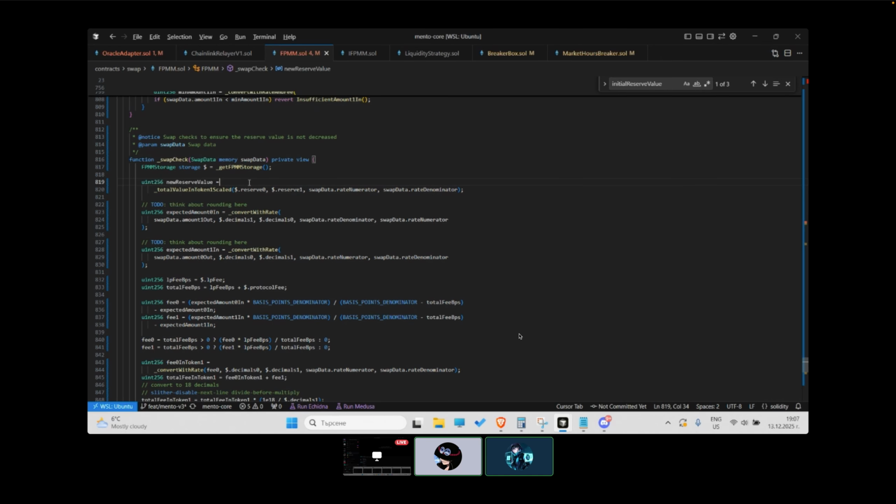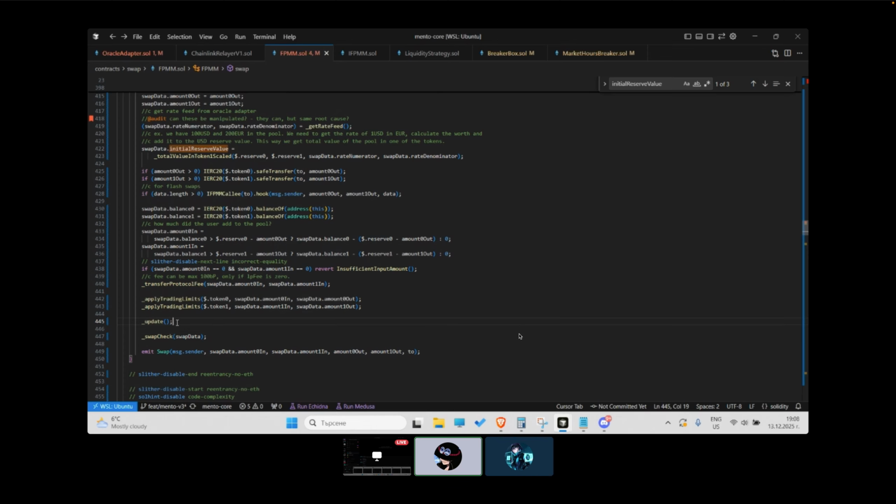So they get the new reserve, but they update this storage. Can you go back again? So they update the storage before swap check, the reserve storage. Yeah, that's what I got curious about.